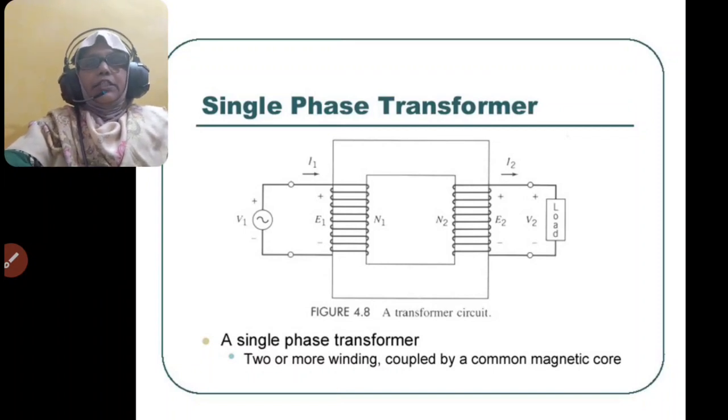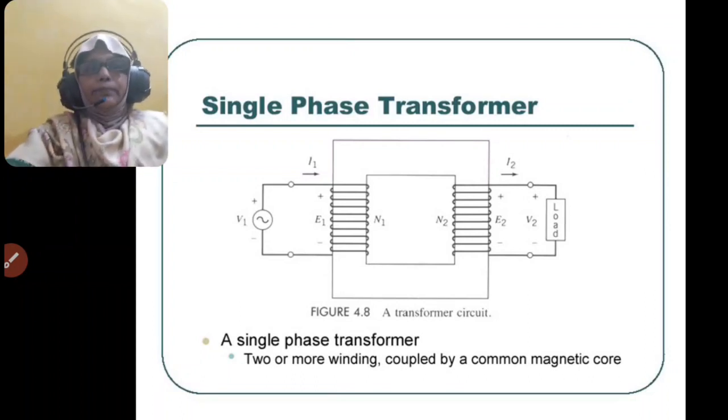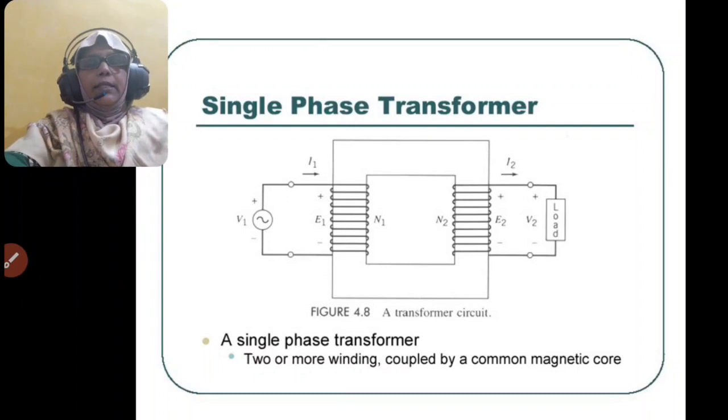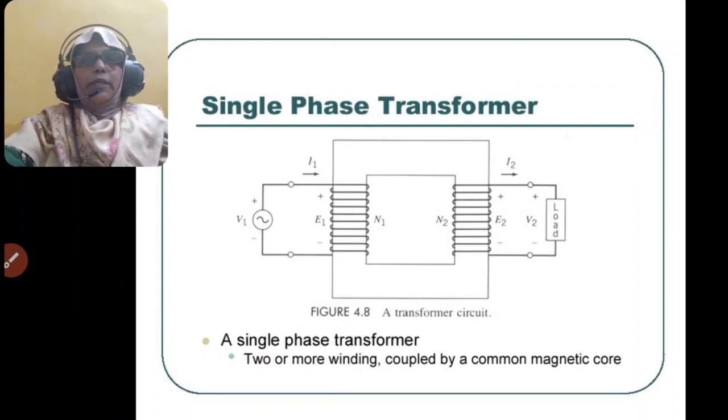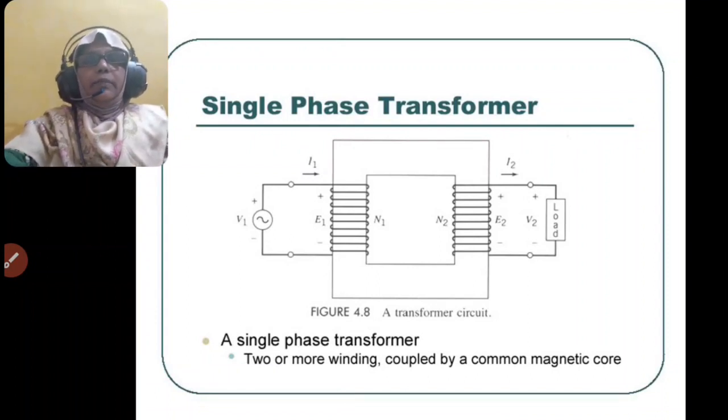Here the simple construction of a transformer is given. In this construction, the two coils are very clearly shown. The first coil is named the primary coil. The second coil is known as the secondary coil. These two coils surround the iron core.